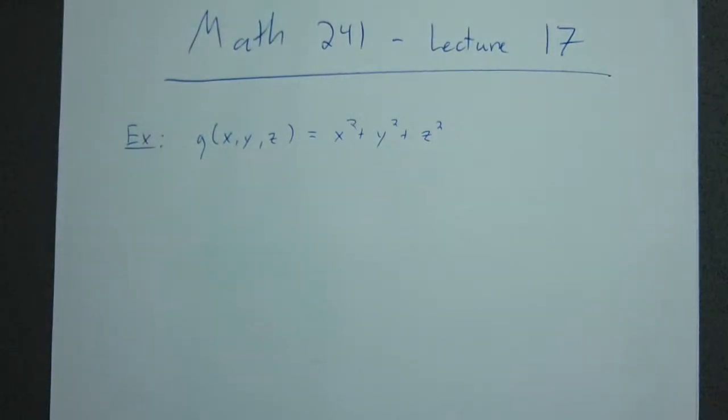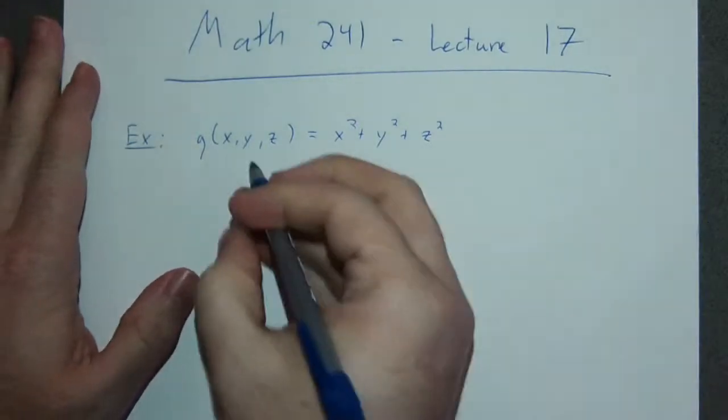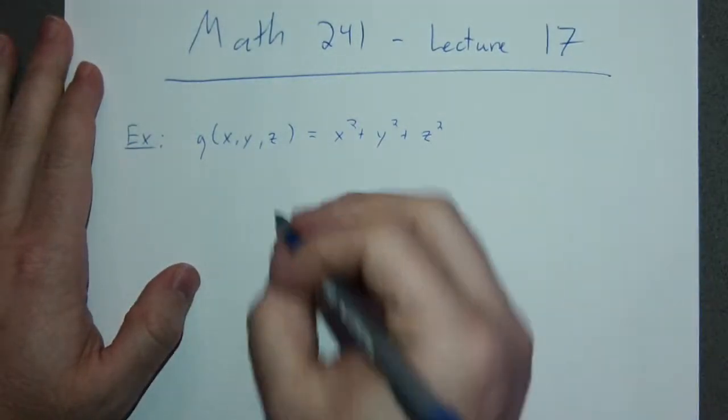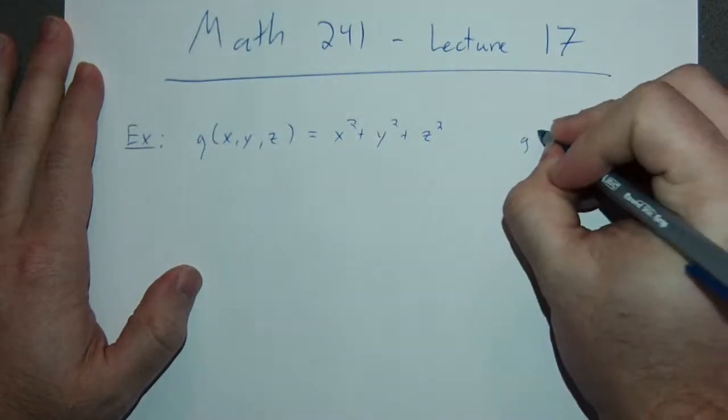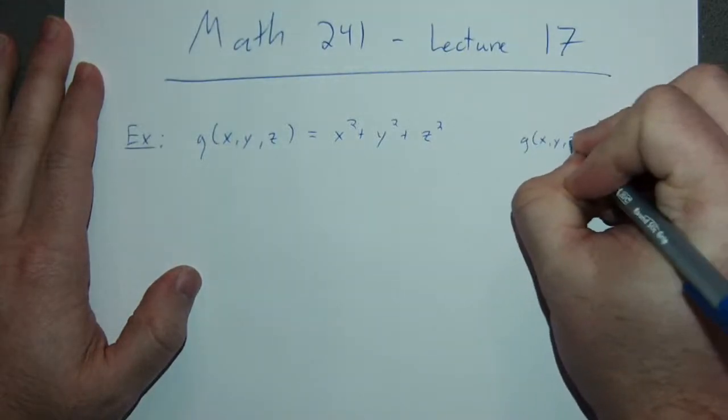Okay, so what is the level surface g of x, y, z is equal to 4?